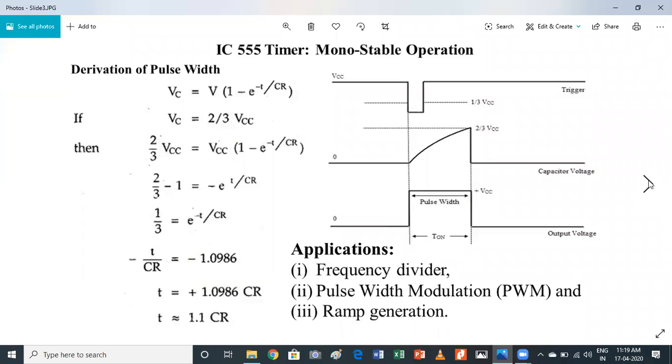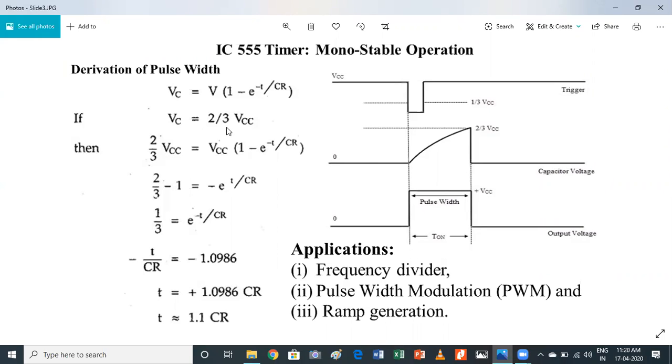Okay. So the pulse width derivation. Generally we can derive it from the capacitor voltage. So capacitor voltage Vc is equal to V of 1 minus e power minus t by RC. That is, RC are the timing components, resistance and capacitor.